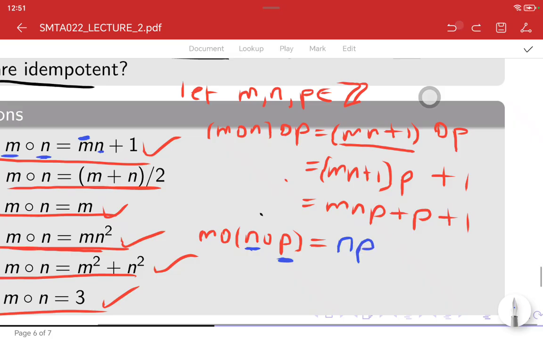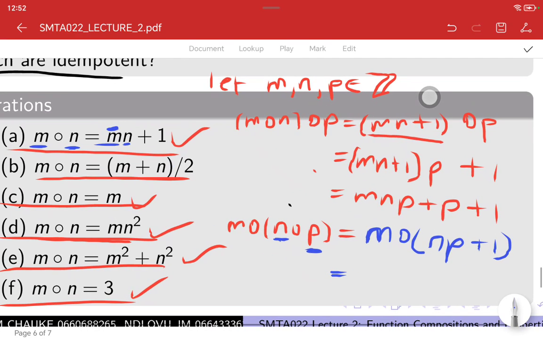So inside there, this is represented by N, this is represented by P, and then I write plus 1. So now, this remains the same.